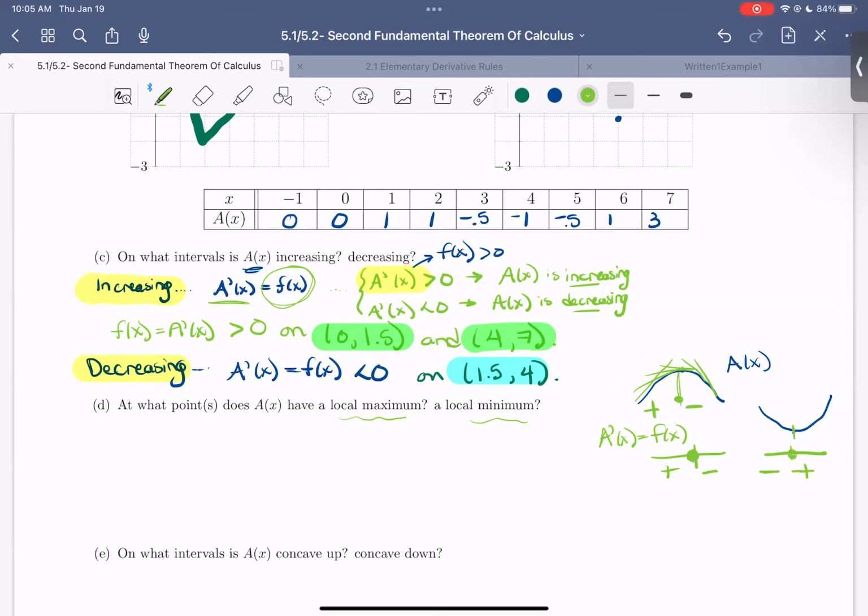But to actually find the test values or the possible mins and maxes, we need to find where the derivative of a is 0. So to find possible min maxes, find or check where the derivative, which is f of x, is equal to 0.